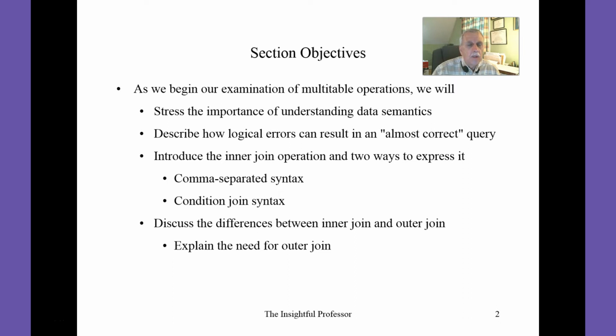In this case, both syntax structures that we looked at for the inner join are supported. However, the ANSI SQL standard supports only the condition join syntax. So we'll place emphasis on that in our examination of the outer join. We'll explain why exactly the outer join is needed as well.